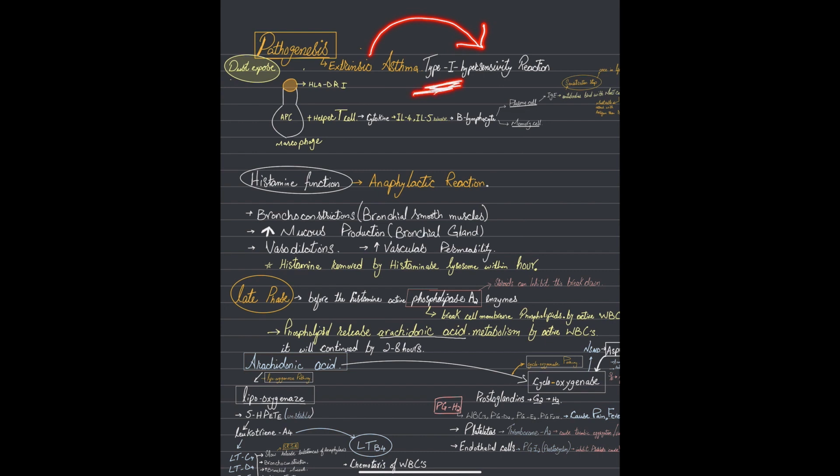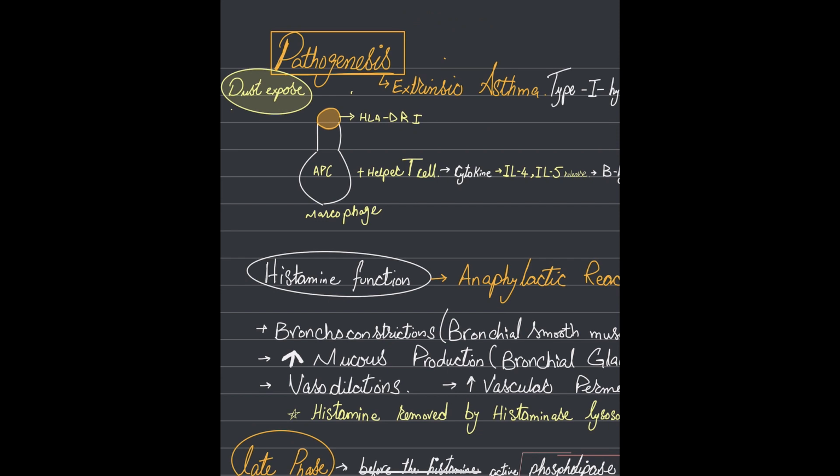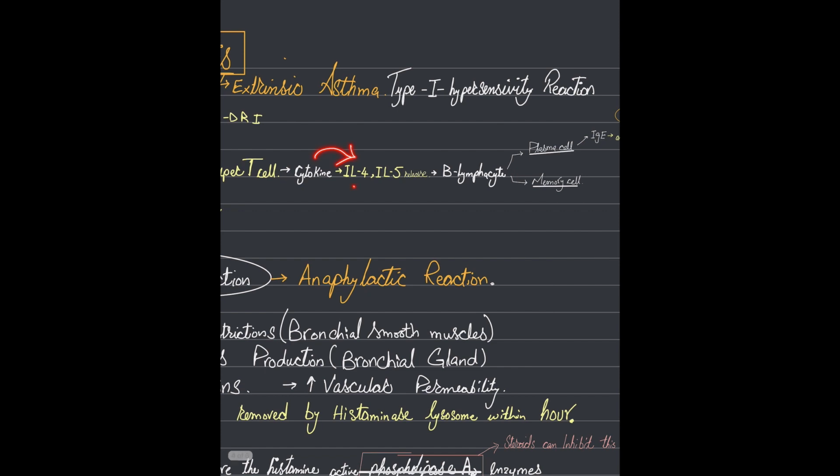Type 1 hypersensitivity reaction. So now we see here dust exposure. When the patient is exposed to the dust, it goes to the macrophage in the lungs, and the macrophage, with the help of helper T cells and human leukocyte antigen DR1, is going to release cytokines, and the cytokines release interleukin 4 and interleukin 5.